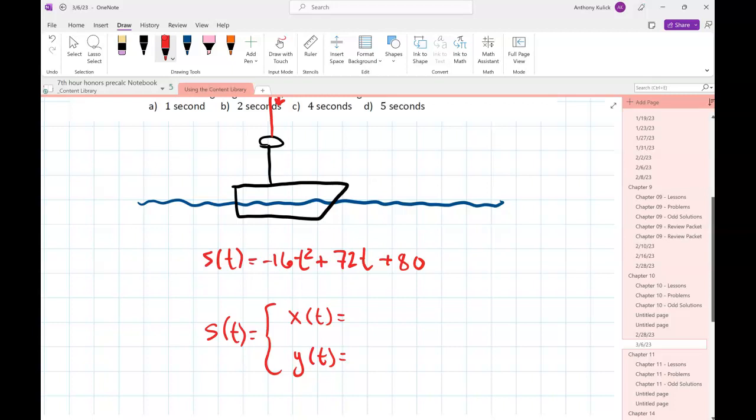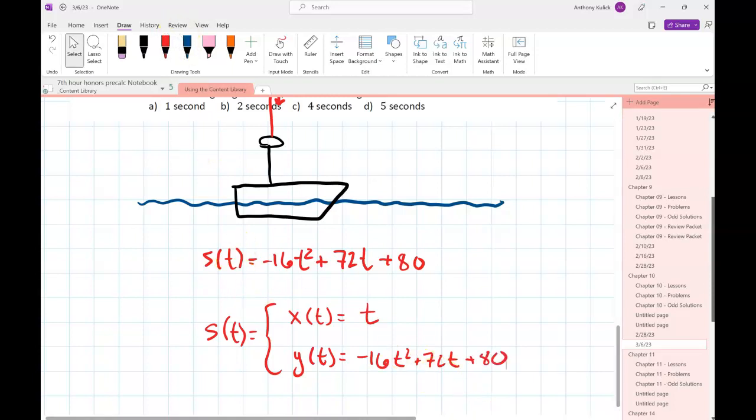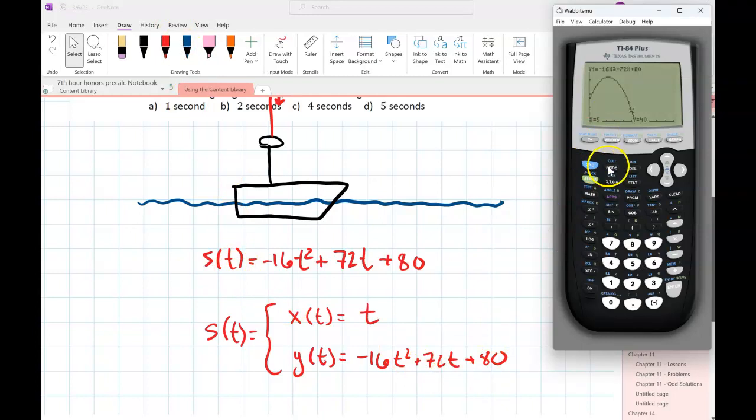Is S of t a function? When we wrote it as a Cartesian equation, that's a function, right? So all we have to do is make x of t be t and y of t be our function, and that should give us the same picture.